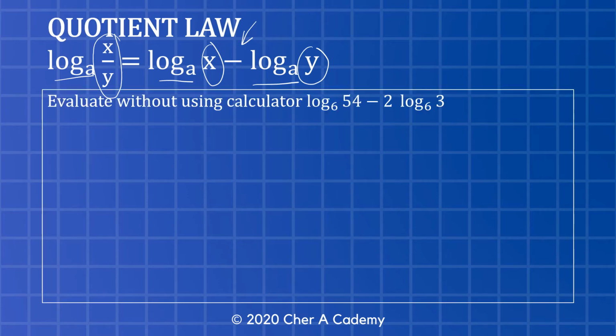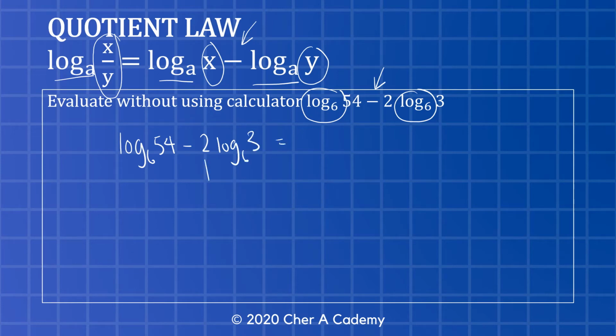Evaluate without using calculator log base 6 54 minus 2 log base 6 3. This question has the same base to the log, and you see a minus sign. This gives us a clue that we can use the quotient law. So let me write this down: log base 6 54 minus 2 log base 6 3. I have a problem here.